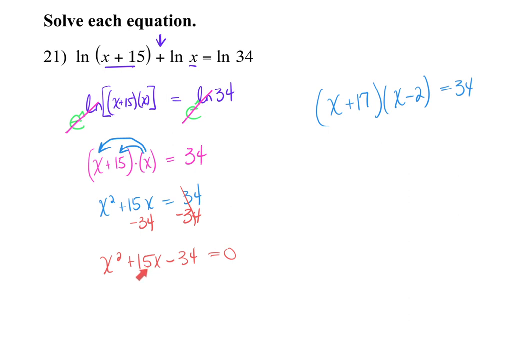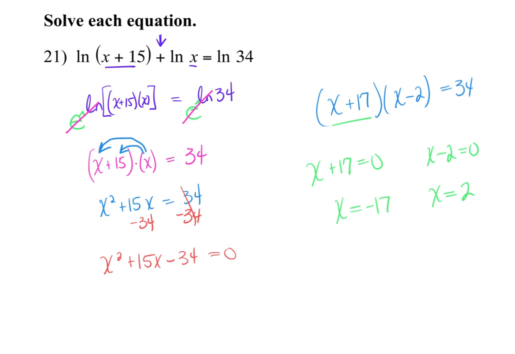This is factoring from, actually we did it in Algebra 1, and we've done it this year. Solve by factoring. Once you've done that, set each factor equal to 0. So x plus 17 equals 0, x minus 2 equals 0. So x is going to equal either negative 17 or 2.